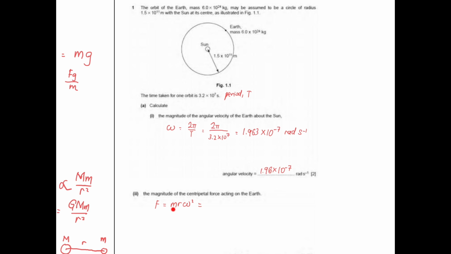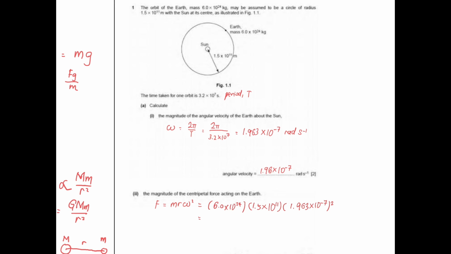So you put the mass of the earth, which is given 6.0 times 10 to the power of 24. The radius is given 1.5 times 10 to the power of 11, and the omega is 1.963 times 10 to the power of negative 7, squared.